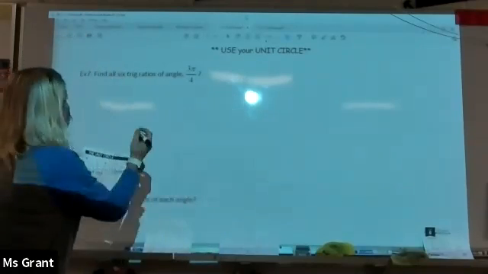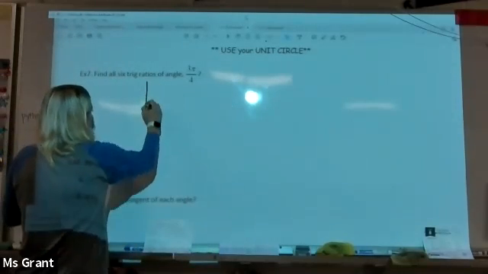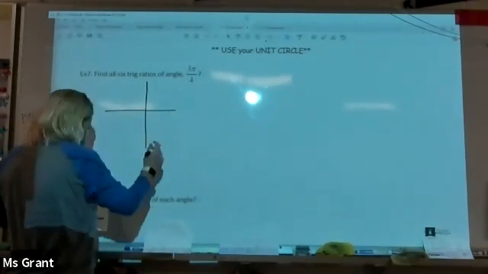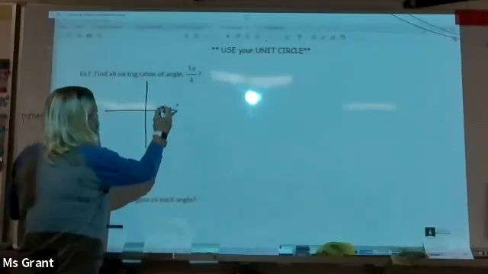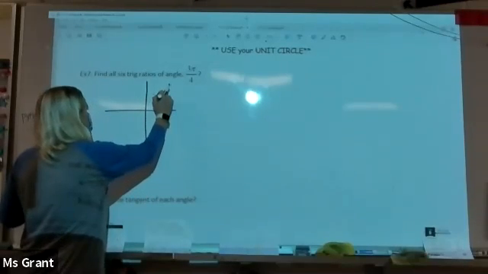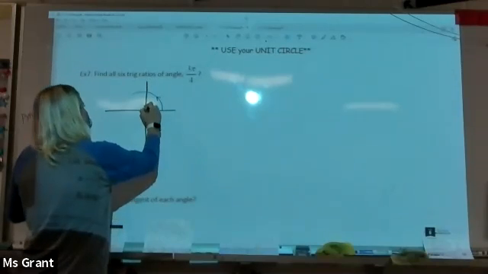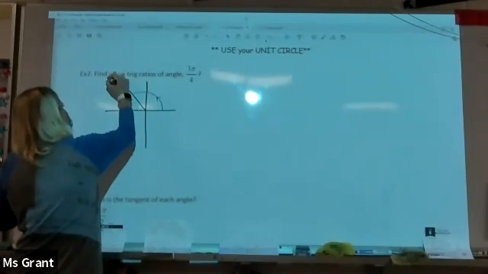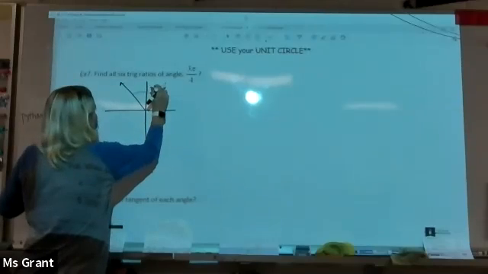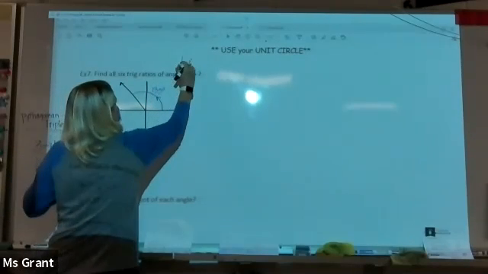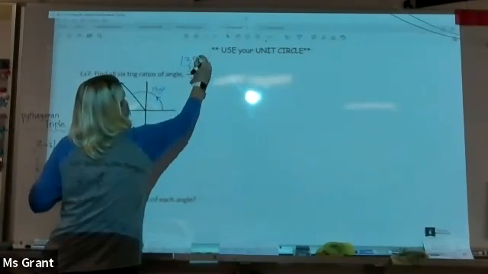So what I need to do is I need to draw. I'm going to go 135 degrees. It's this direction, right? Counterclockwise. 135 degrees is here. That's what 3 pi over 4 is.